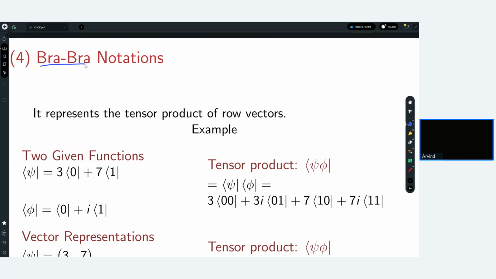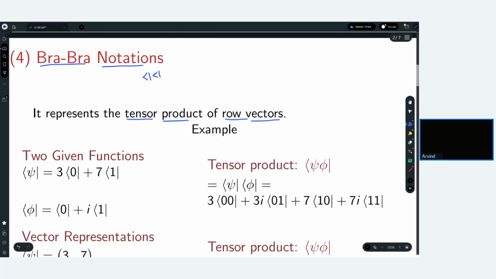In the bra-bra notation, we write two bras side by side to denote a tensor product of row vectors, because the bra notation is used to denote row vectors. So the combination of two bras is used to denote the tensor product of row vectors.